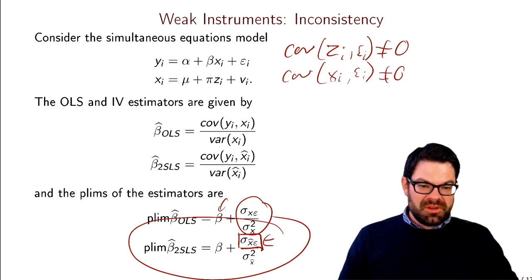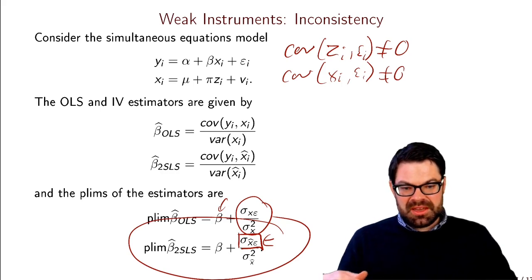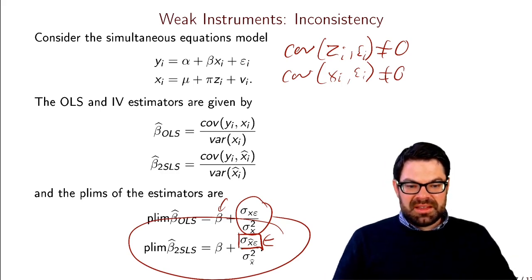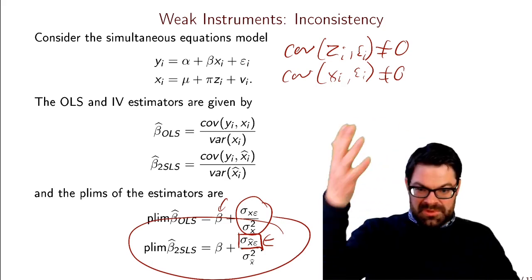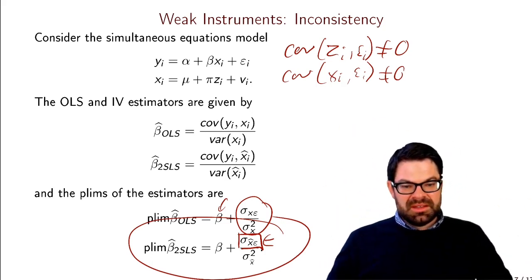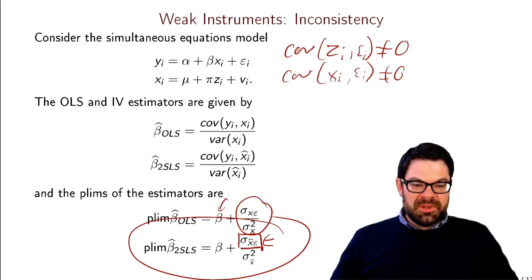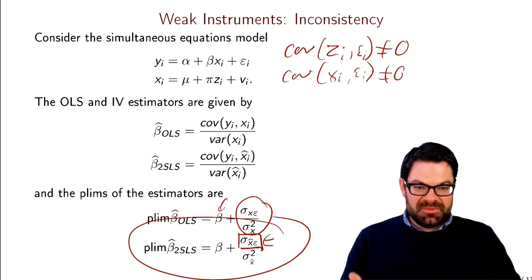So to see this, we can go back to this formula here, and think about it in terms of expectations rather than probability limits. In terms of expectations means that you take an infinite number of small samples from an overall population that you're interested in. Then with weak instruments, that expectation may, first of all, not even exist.